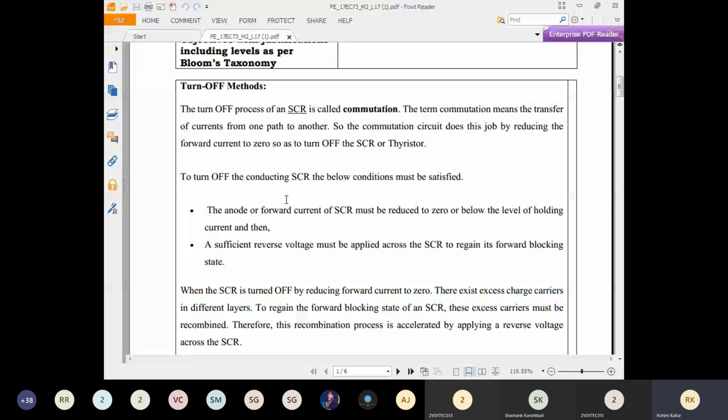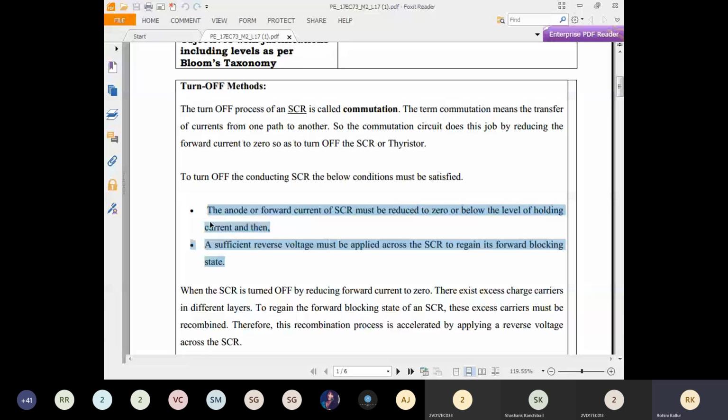So as explained, turn off is nothing but a process where you are trying to turn off your conducting SCR. That is what is called commutation. To turn off a conducting SCR, these two conditions should be met.